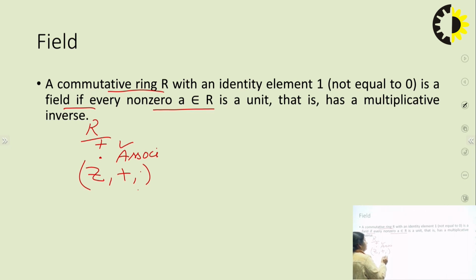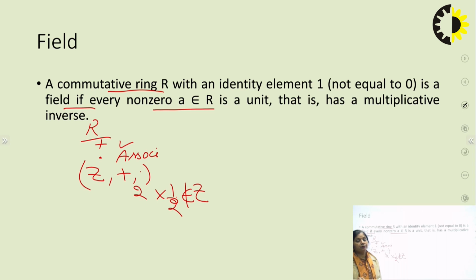For example, 2. The multiplicative inverse of 2 will be 1 by 2, but 1 by 2 doesn't belong to Z. So this is not forming a field.